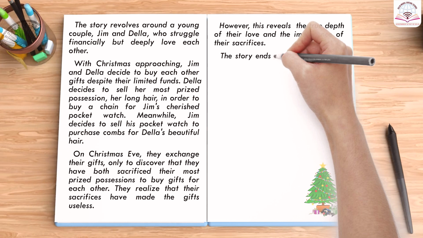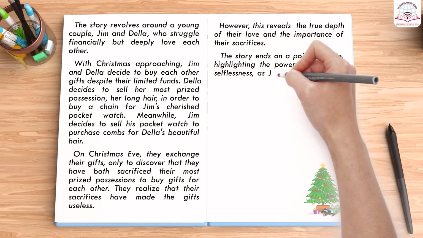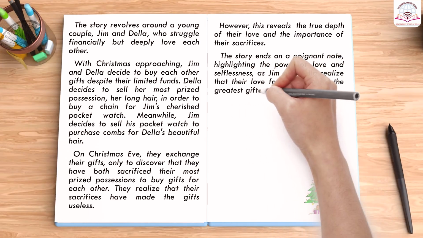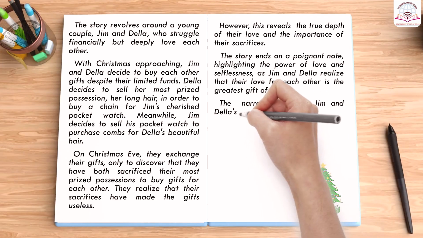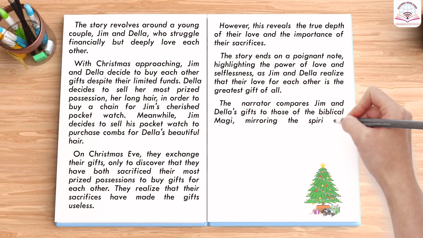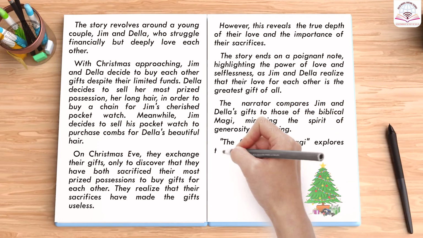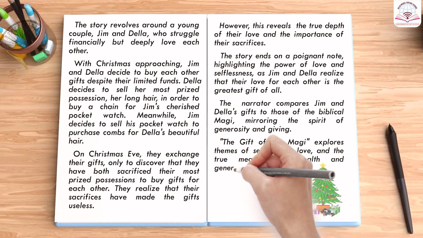The story ends on a poignant note, highlighting the power of love and selflessness as Jim and Della realize that their love for each other is the greatest gift of all. The narrator compares Jim and Della's gifts to those of the biblical Magi, mirroring the spirit of generosity and giving. The Gift of the Magi explores themes of selflessness, love, and the true meaning of wealth and generosity.